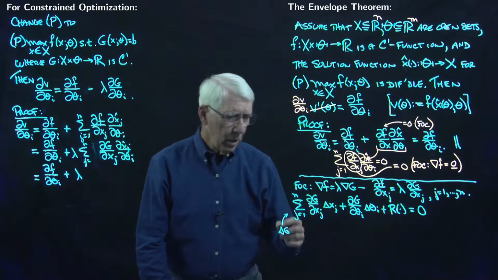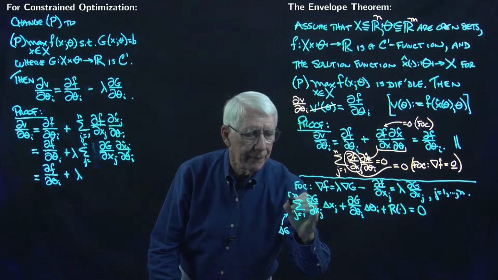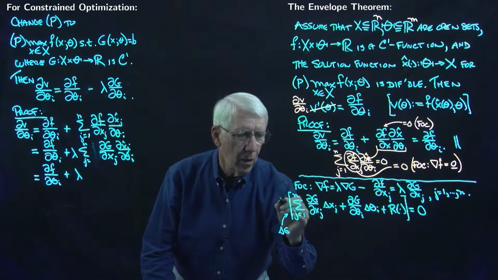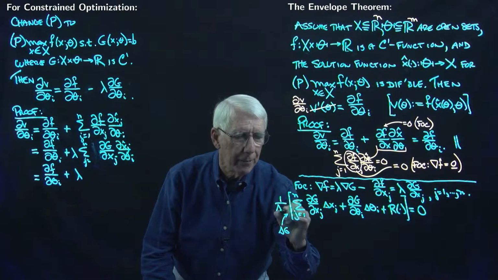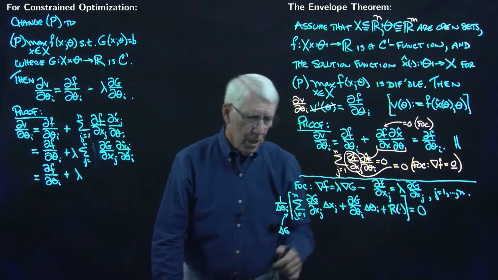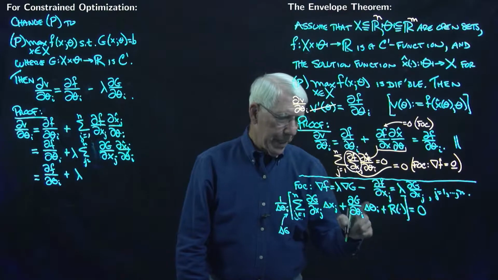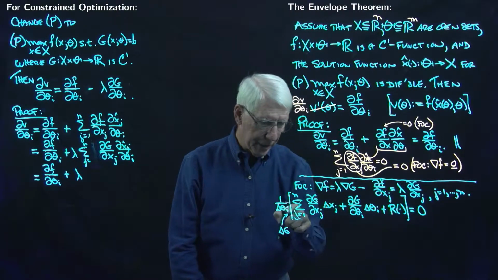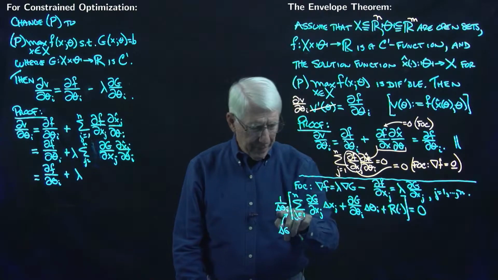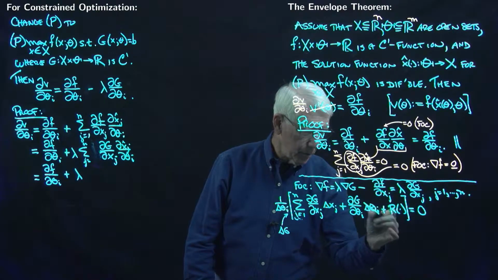So now let's just divide everything by theta I. Here, I said theta I, but it's actually delta theta I. So I'm going to divide everything by delta theta I. So when I divide this by delta theta I, this has delta theta I divided by delta theta I, which is 1, so that's just going to drop out.